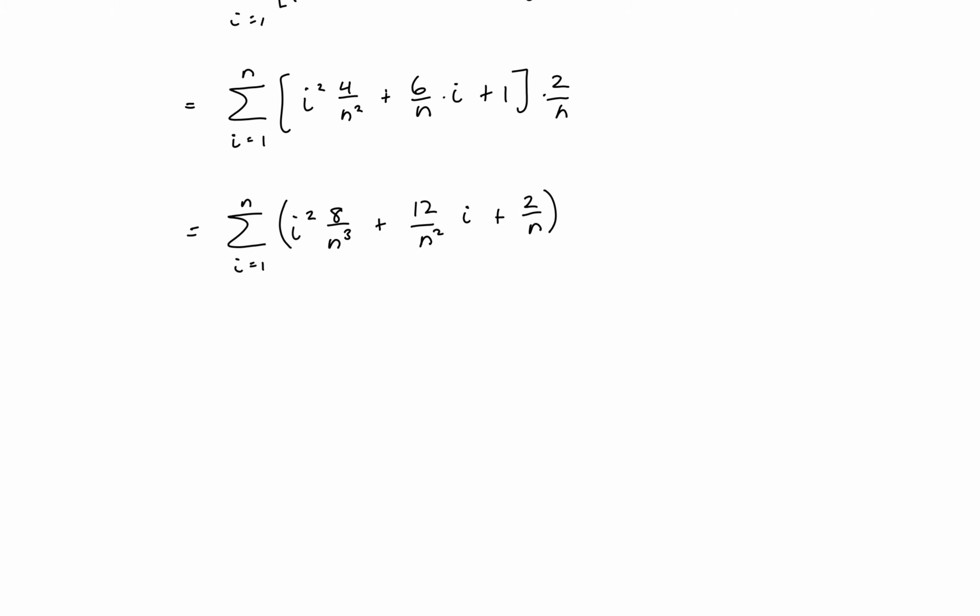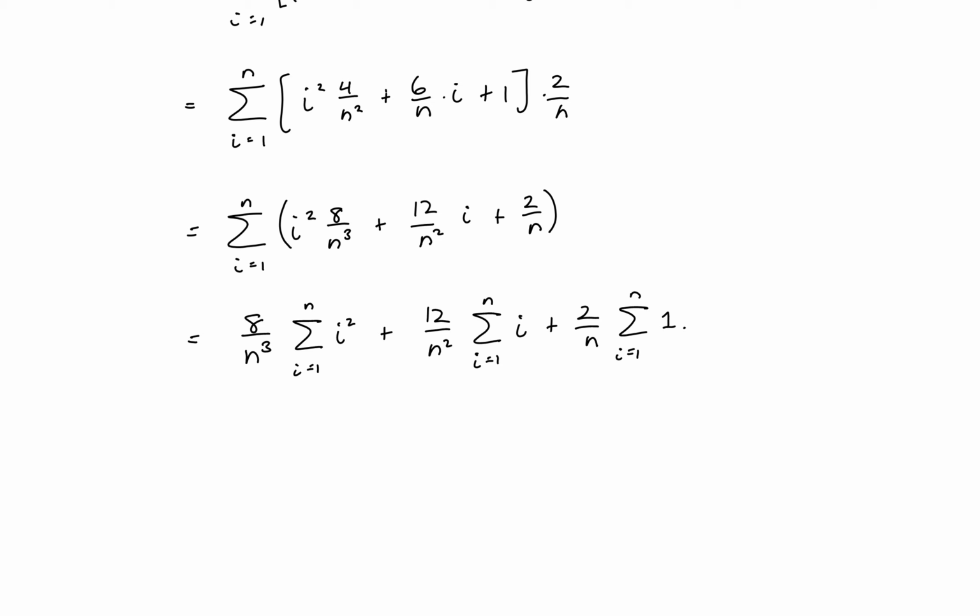Now we'll break this sum up, and let's bring everything that doesn't involve i out front of the sums. So I'm going to have 8 over n cubed, summation from i equals 1 to n of i squared, plus 12 over n squared, summation from i equals 1 to n of i, plus 2 over n times summation from i equals 1 to n of 1.